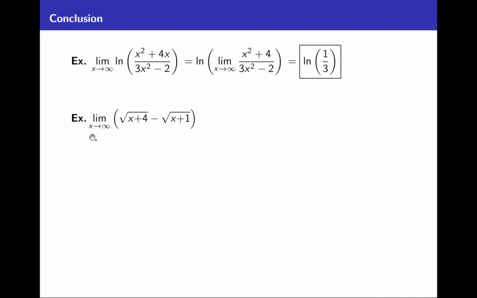Here's another example, and you'll see some exercises kind of like this in your textbook, most likely. The limit as x goes to infinity of the square root of x plus 4 minus the square root of x plus 1. So what is this expression, this difference, approaching as x goes to infinity?